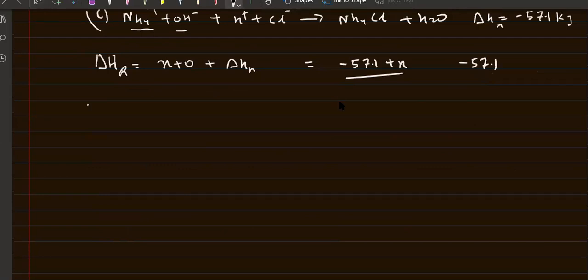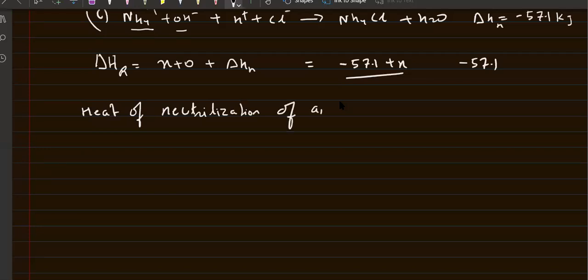So I can say that heat of neutralization of any acid and base is equal to minus 57.1 plus delta H ionization.